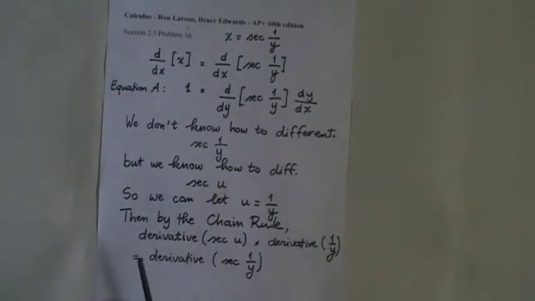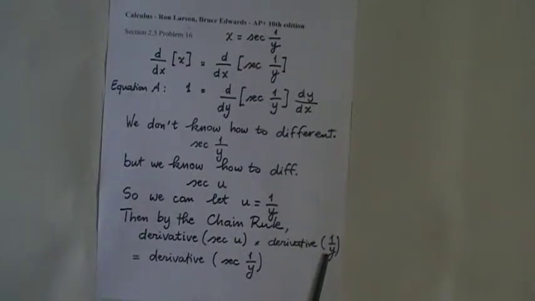By the chain rule, the derivative of secant of 1 over y is simply the derivative of secant of u times the derivative of 1 over y. u is our inside expression.